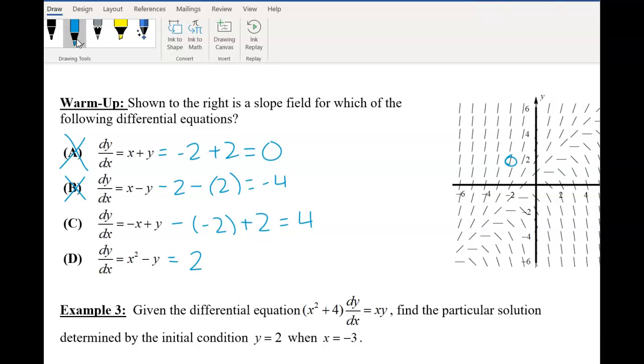So maybe I go over here and I go to (2, 2). I pick that point because the slope at that point is clear.